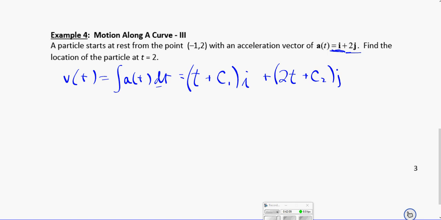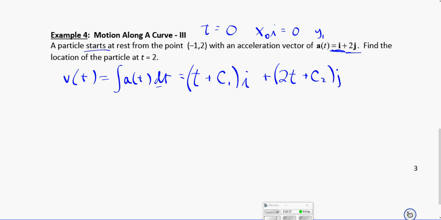I don't know. 0, so it's c1 0. Well, okay, you're jumping ahead to solving. We'll back up 1. So t equals 0, because that's starting. Okay, it starts at rest, so that's telling me t equals 0. And at rest means that the horizontal component is equal to 0, and the vertical component is equal to 0.